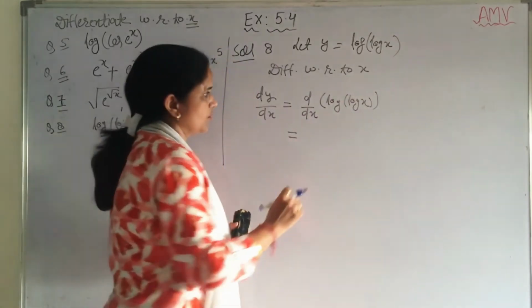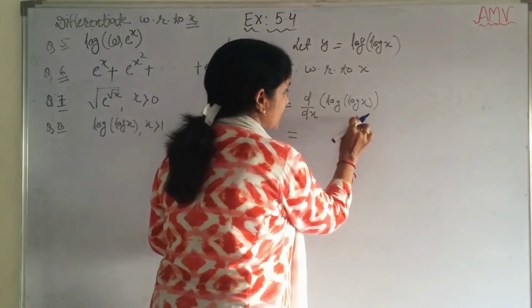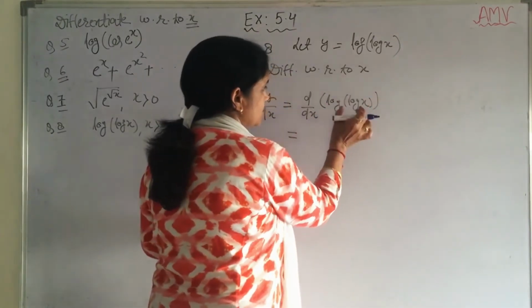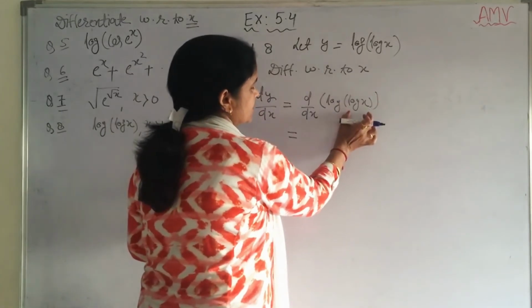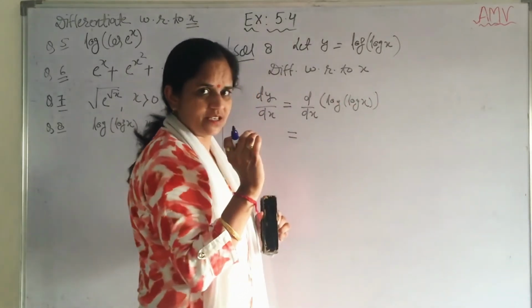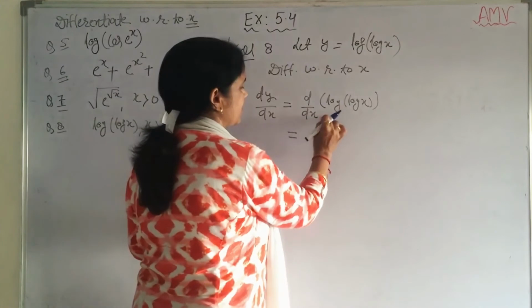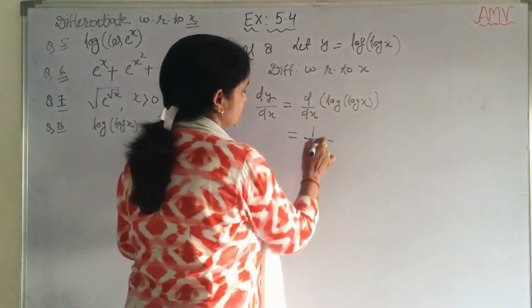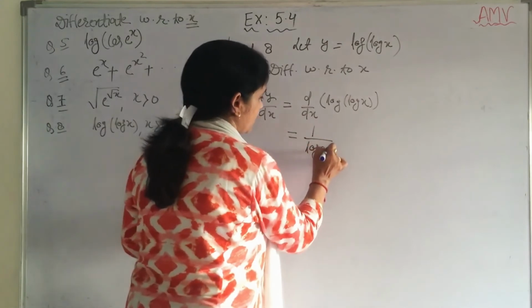Okay. Now here it is log x. In place of x, here it is log x. So first this log x keep as x in your mind and differentiate log x. It is 1 by x. So here it is 1 by log x.